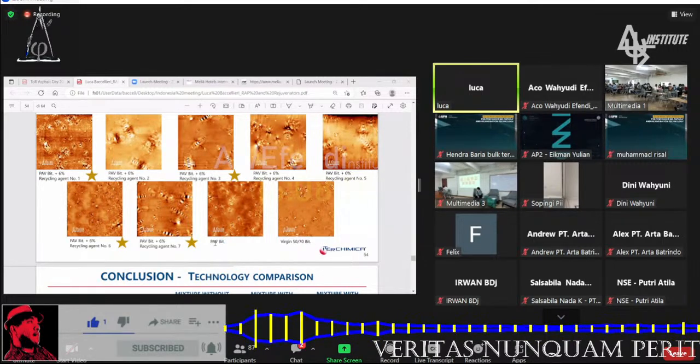Instead, if I use a rejuvenator, what happens? I destroy this structure that I have. So the dimension and the size of the asphaltene are not like before, so the melting temperature of the asphaltene is lower. Okay, it doesn't mean that it's 50 anymore, but it's not 90 either.